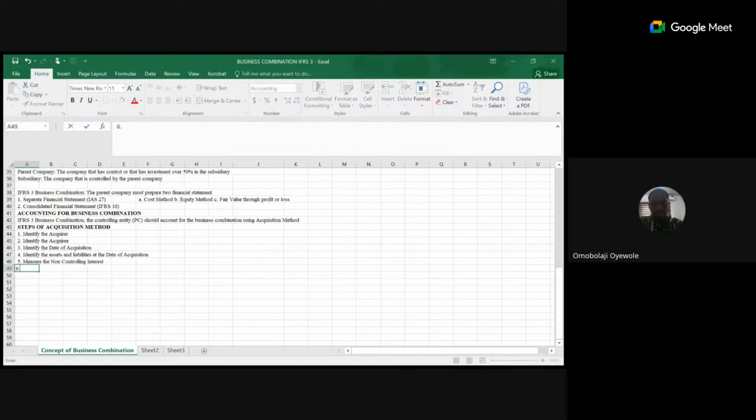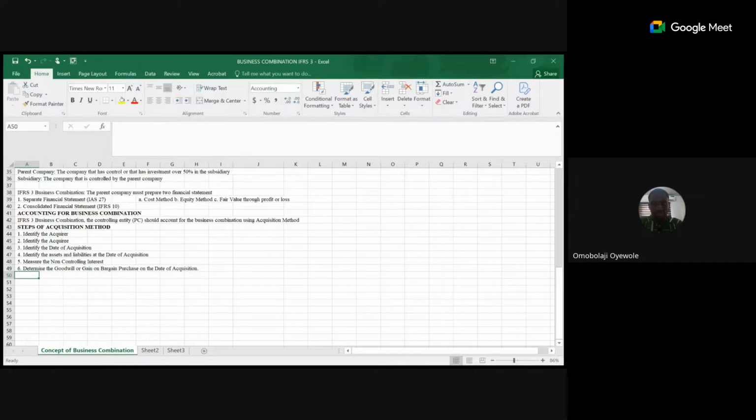Now, step number 6 says determine the goodwill or gain on bargain purchase on the dates of acquisition. So these are the 6 steps according to business combination.